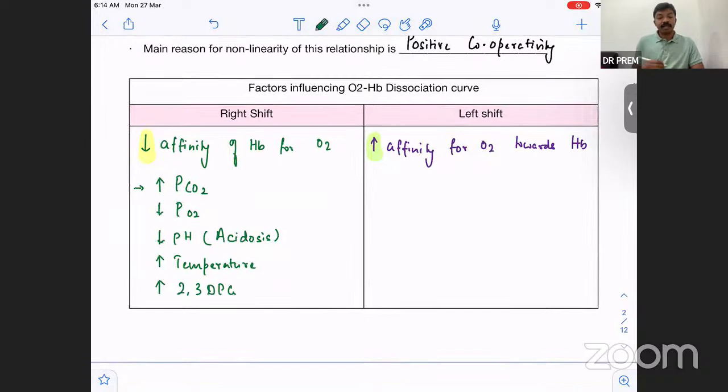And the curve is also shifted to the right in anemia as well as exercise. So more carbon dioxide, less oxygen, acidotic pH, more temperature, more 2,3 diphosphoglycerate. These are all conditions that shift the curve to the right, doctors.